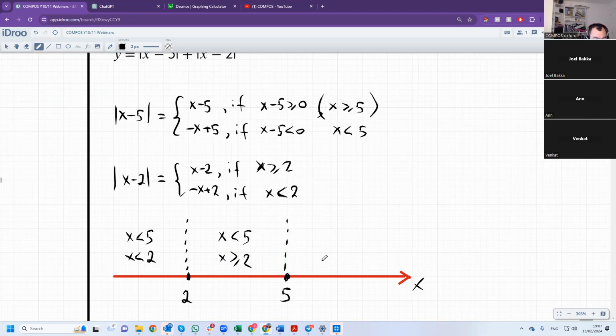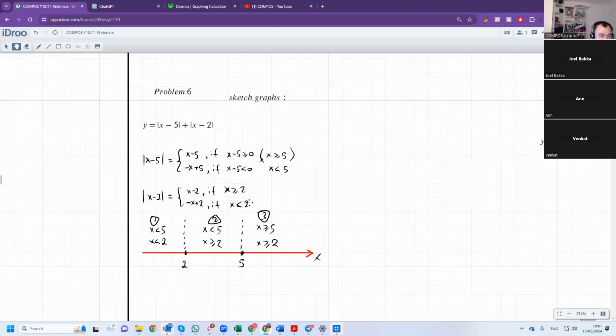And if it's greater than 5, x is also greater than 2. It's not possible for it to be less than 2 and more than 5, so we don't consider that. So we have 1, 2, and 3.